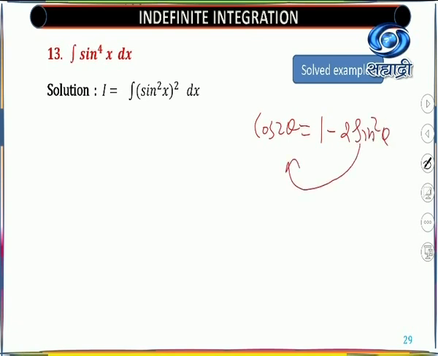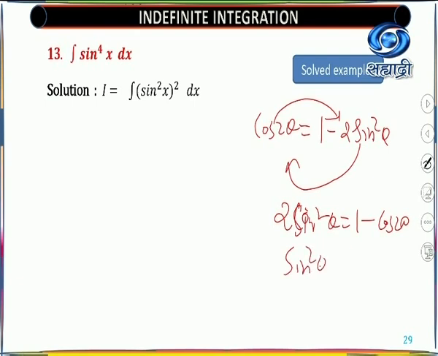We need to simplify this identity. Take 2 sin square theta to this side and cos 2 theta to the other side, so that you get 2 sin square theta equal to 1 minus cos 2 theta, and sin square theta is equal to 1 minus cos 2 theta upon 2.